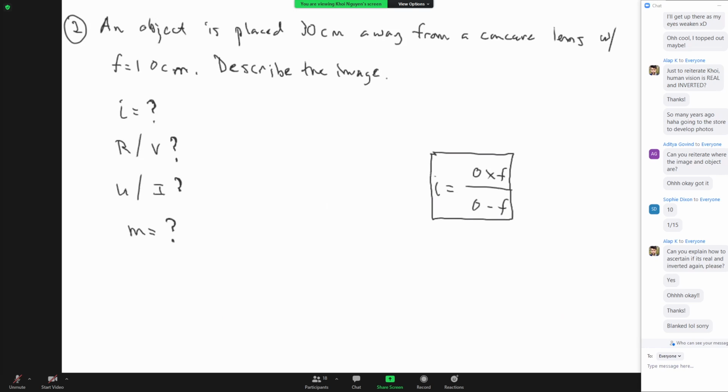Is it converging or diverging? Subtle changes, subtle changes. It's easy to miss. Now we're dealing with the lens.